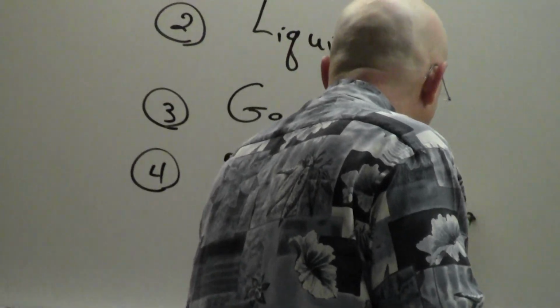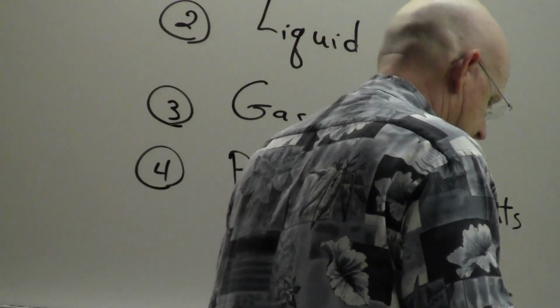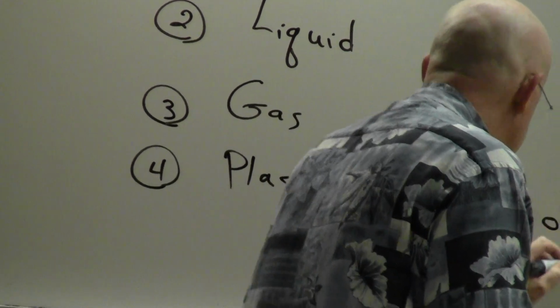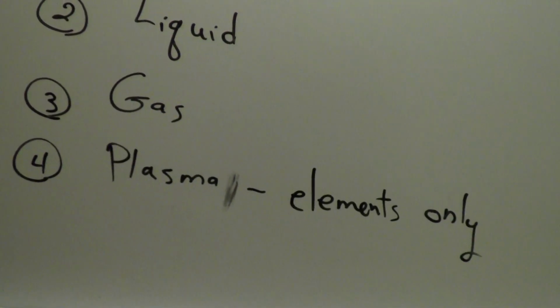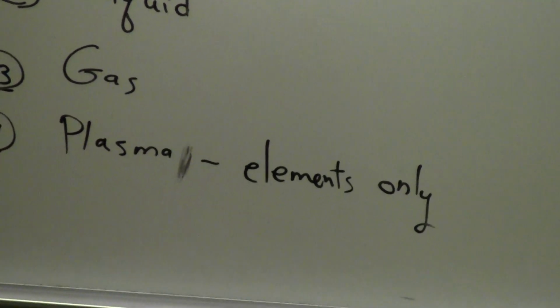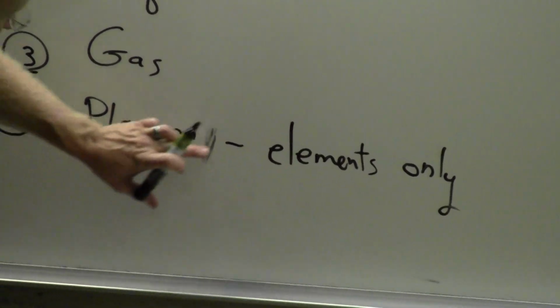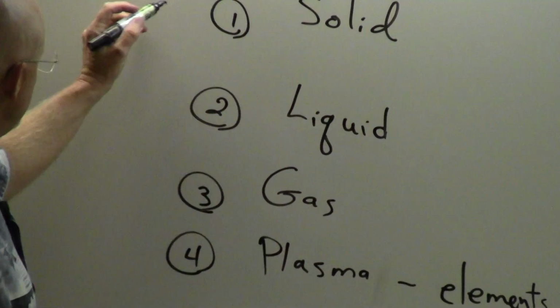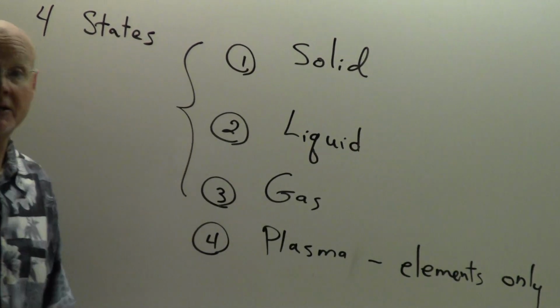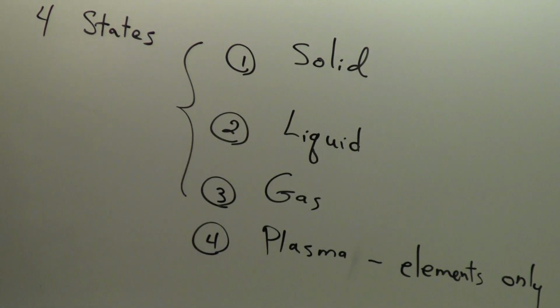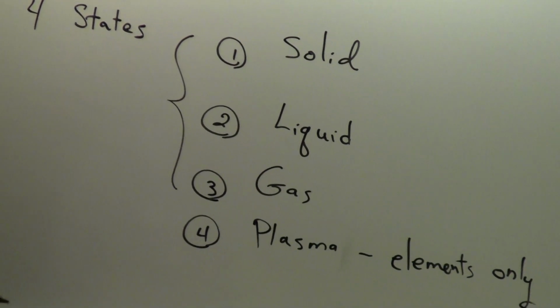Although, let me put a little caveat here. The plasmas only exist for the elements and not the compounds. It's probably why in your early education, maybe middle school, you learned about these 3 states of matter and did not learn about the plasma. I'll say a little bit more about the plasma.